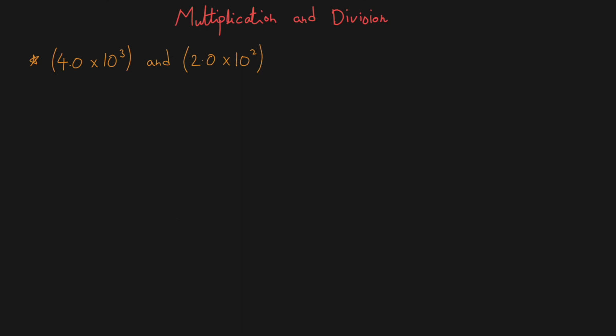Just like in the previous video, on the left side I'll do the multiplication, and on the right side I'll do the division. So let's take the green color here. Here we have multiplication, and here we have division.